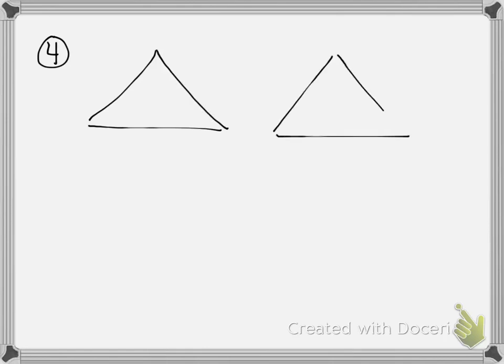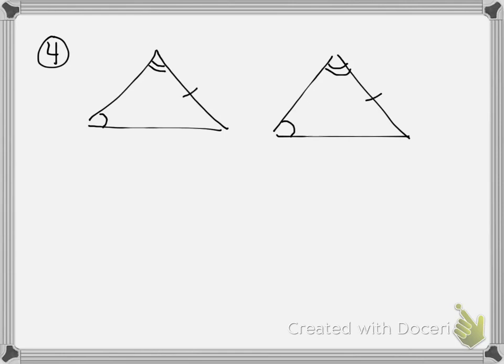Okay, let's look at fourth one here. So let's look at these two triangles. We have an angle here, an angle here. They share, the top angle is the same, and this distance is the same.